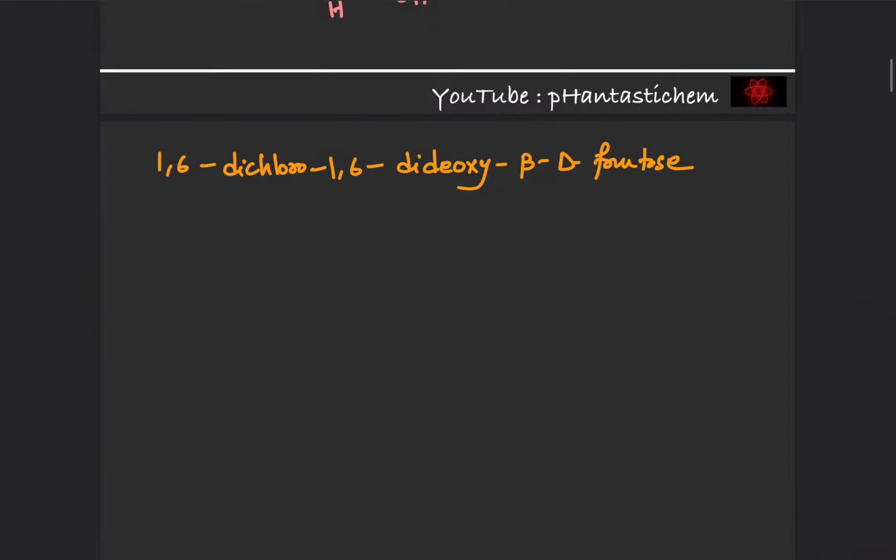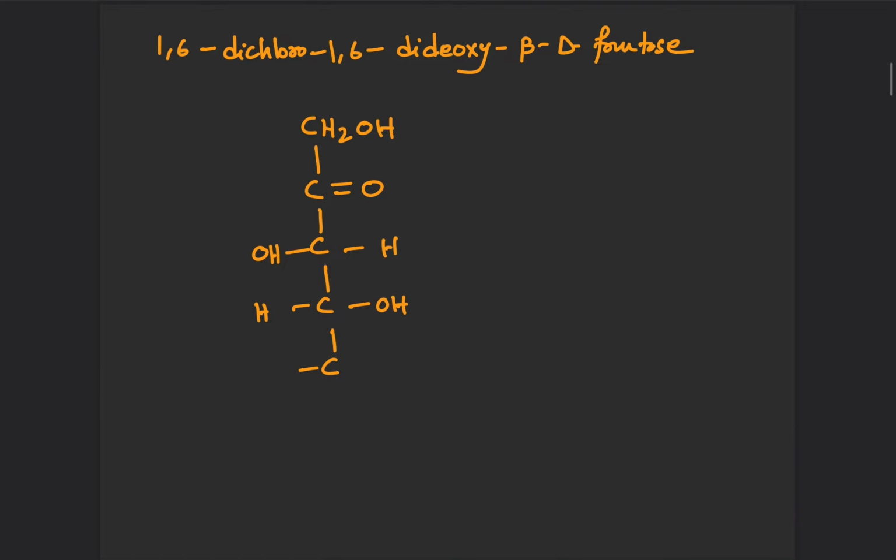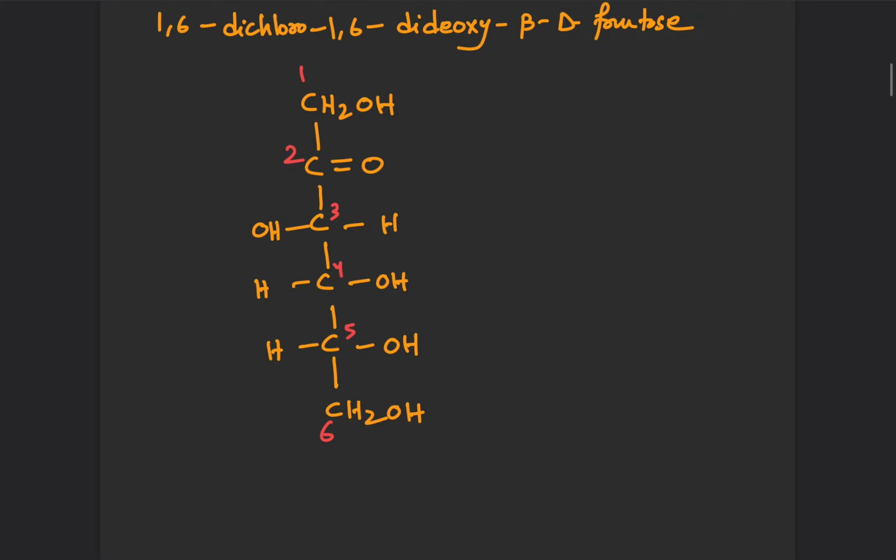So obviously we have to start with D fructose, which we know is CH2OH, C double bond O, then HO-C-H, H-C-OH, H-C-OH, and finally CH2OH. So let's give them numbers 1, 2, 3, 4, 5, 6. So this is the open structure of D fructose.